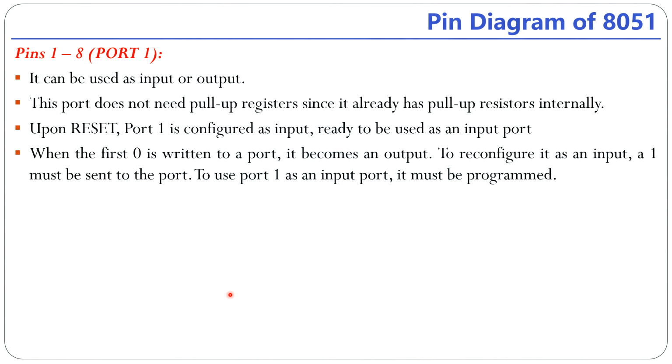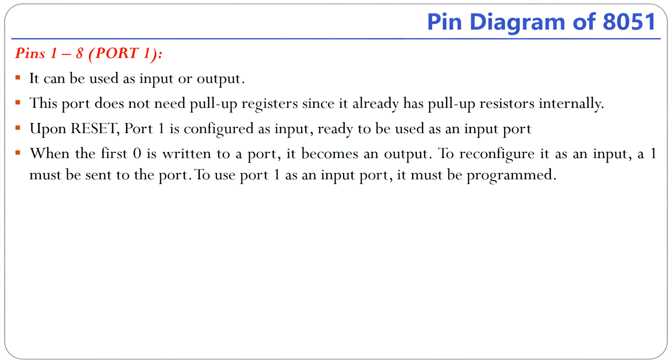Once again, if you want to reconfigure it, then you need to send a logic 1 onto the corresponding port line. Then it will act as an input port. Based on our requirement, we can configure either by writing logic 1 or logic 0.